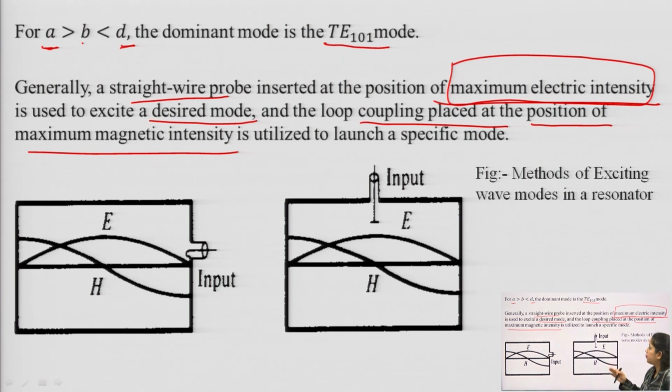So, the straight probe is at maximum electric intensity and the loop coupling should be at the position of maximum magnetic intensity if we want the desired mode to be excited in a particular rectangular cavity resonator. For that purpose we always have a graph of the variation of the electric and magnetic fields. We should follow that, and as per that we will place the straight wire and the coupling loop.